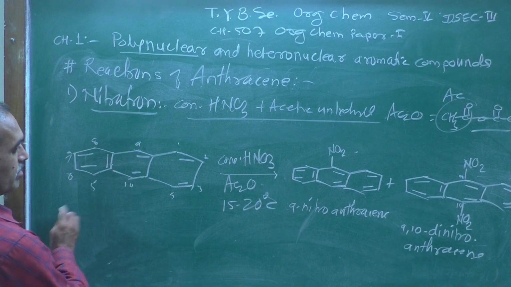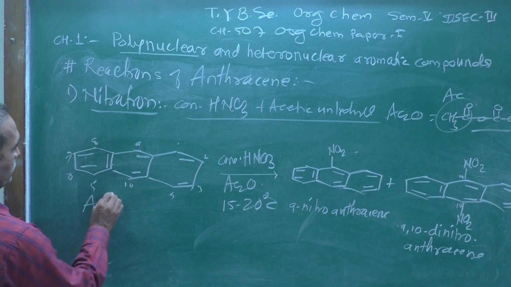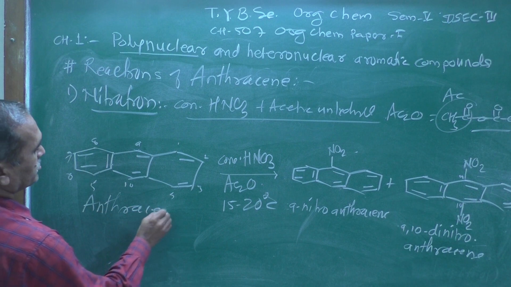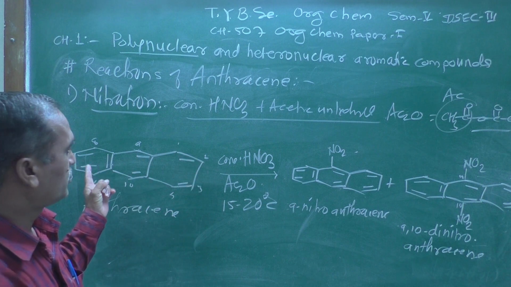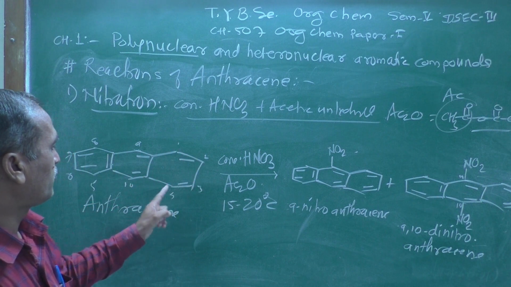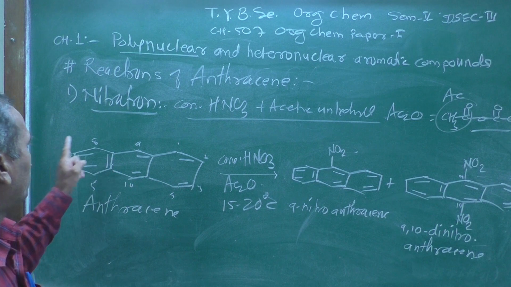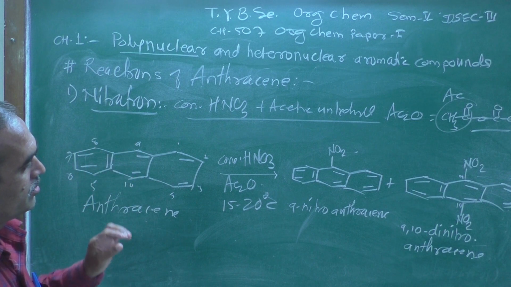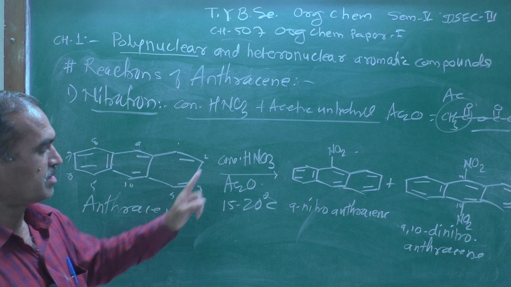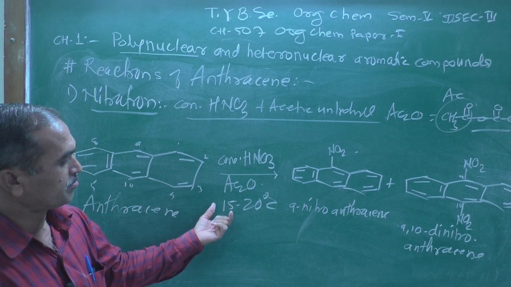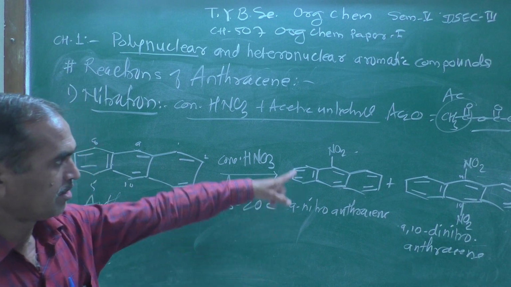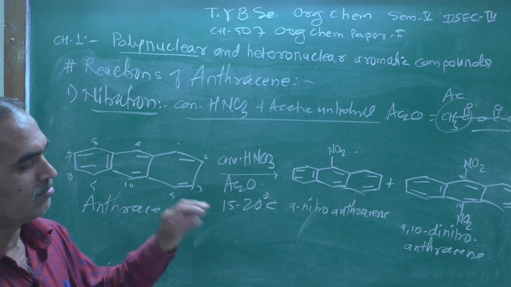Look at this: our starting compound is anthracene, with the numbering 1, 2, 3, 4, 5, 6, 7, 8, 9, 10. When it is treated with concentrated HNO3 in the presence of acetic anhydride, with the temperature kept at 15 to 20 degrees centigrade, the resulting compound will be a mixture.